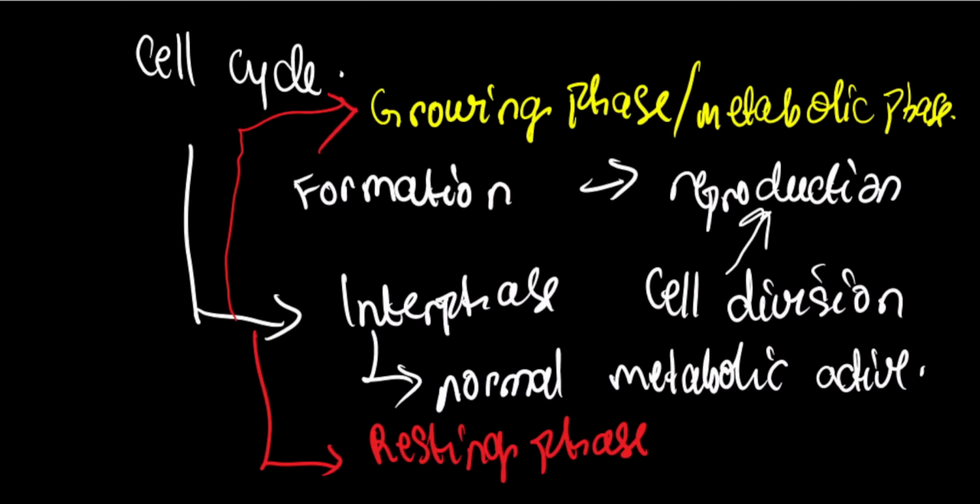Now coming back to the cell cycle, which we said is divided into two main divisions. We said the cell cycle is divided into the interphase, where the cell is simply carrying out its normal metabolic activities, and then the next step is the cell division step. So let's take a look at the cell division step of the cell cycle.